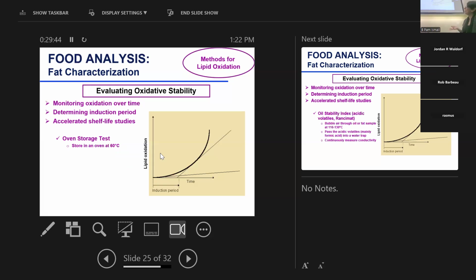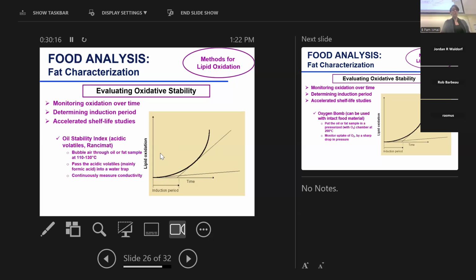You take that oil and you store it in an oven at 60 degrees C, and periodically take samples out over a span of time. Sometimes it is 3 weeks, sometimes 6 weeks, depending on the oil level. And then you measure the time until you get a quantitative value for peroxide. That's the oven storage test.